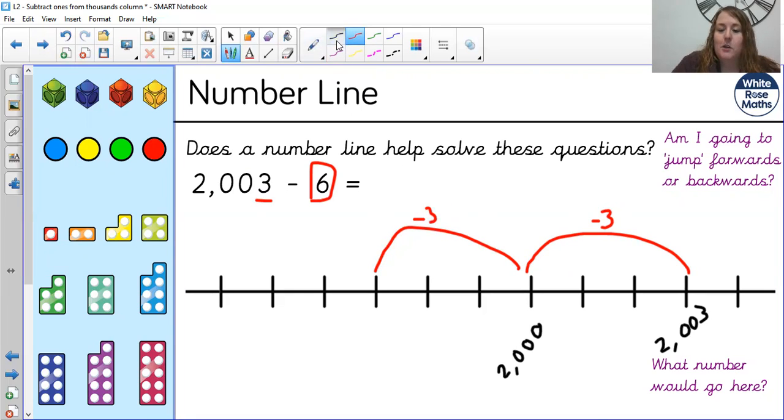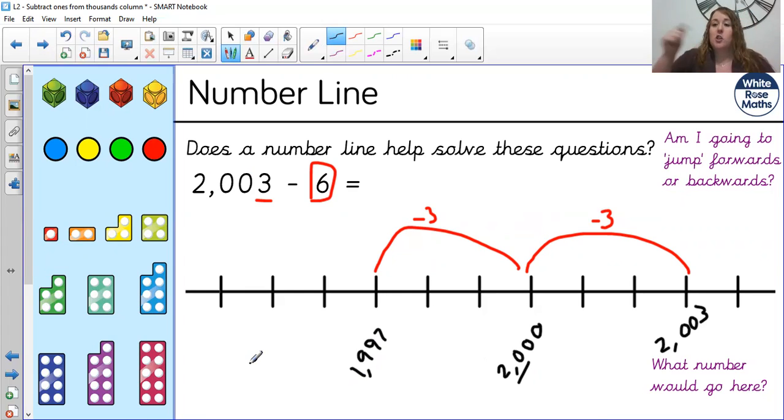And this time, 2000 take away 3. So if you imagine your 100th number taking away 3, we're going to end in 97. And if you imagined that 20 that we had before, we would now have 1900s. So 1,997.